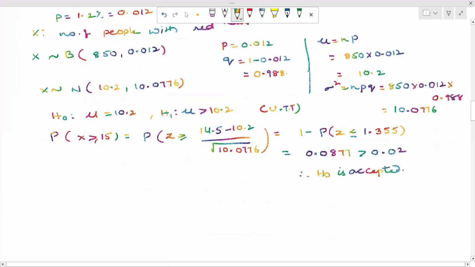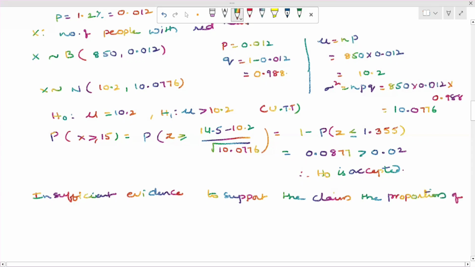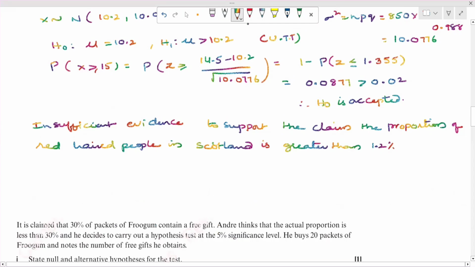Okay, now there is sufficient evidence to support the claim that the proportion of red haired people in Scotland is greater than 1.2 percentage. Okay, now next, second one, let me read the question.